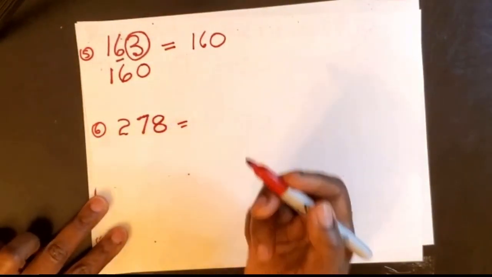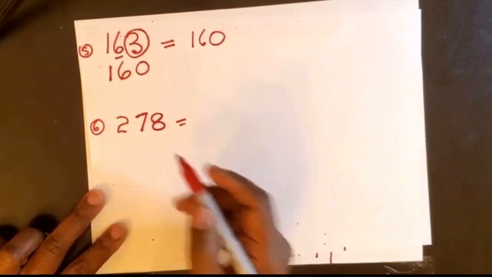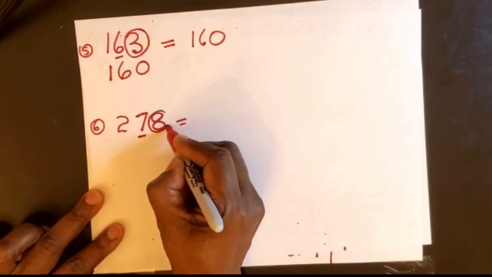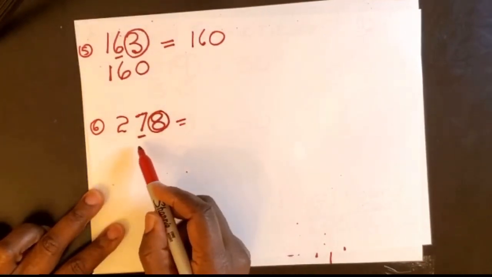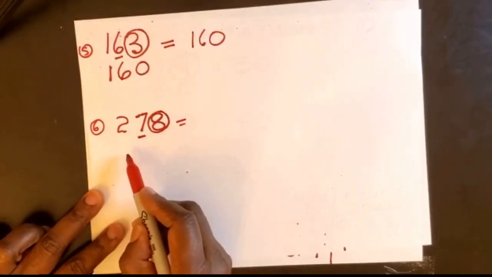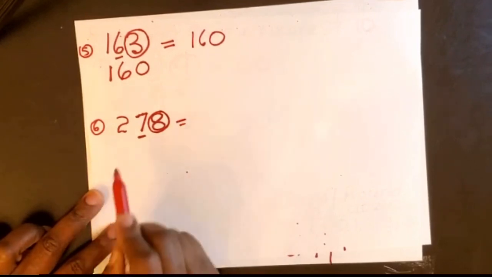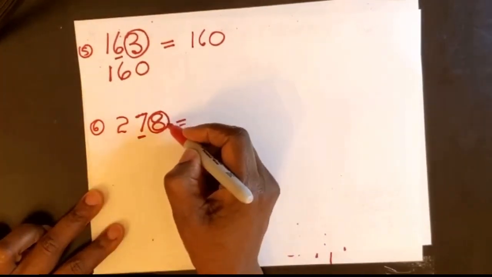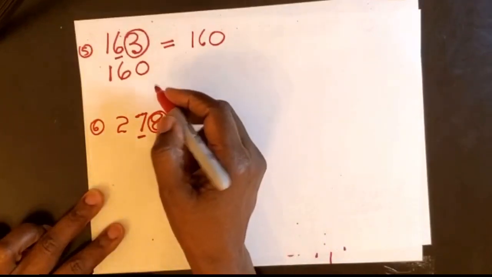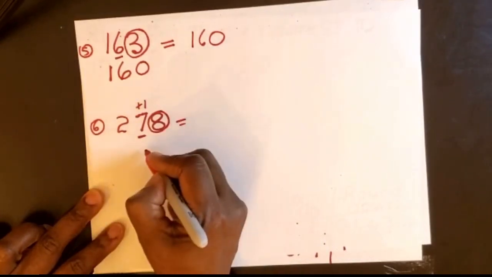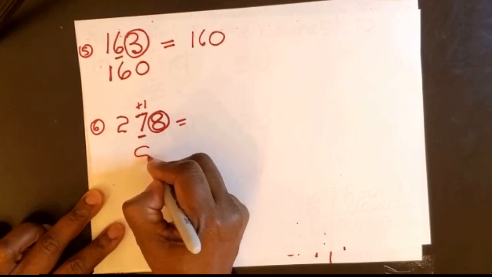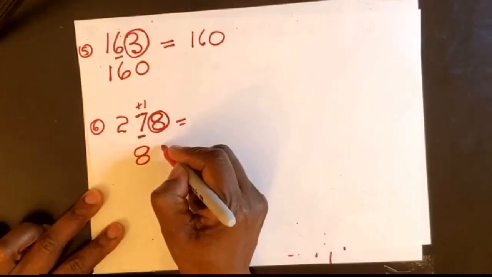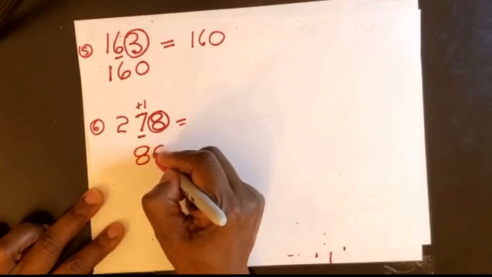278 to the nearest 10. Now the 7 is in the tens place, the 8 is in the ones place. Now I could take on my 2 anytime because I'm not interfering with my 2. I am not looking at the hundreds place. So the 8 allows you to round up. So you add 1 to the 7 and you get an 8.